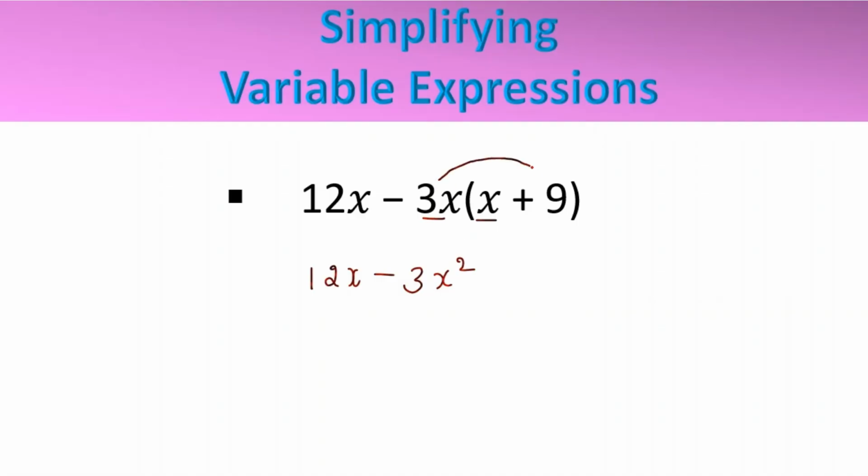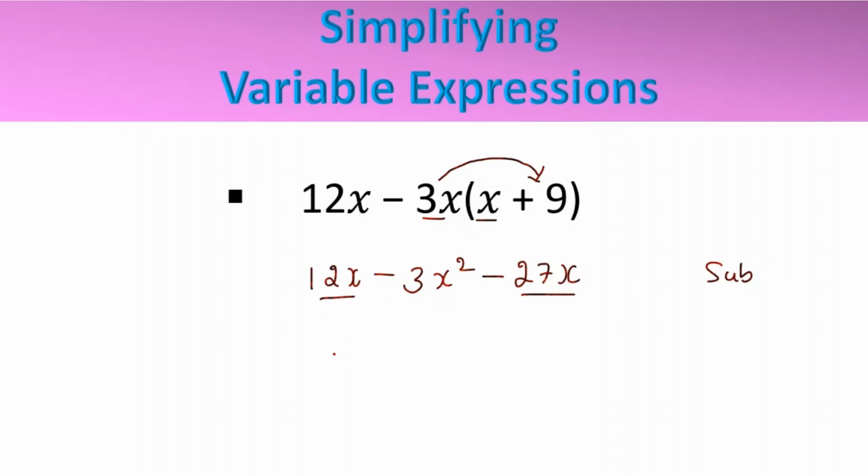Negative 3x multiplied with positive 9 gives negative 27x. Now we need to regroup the like terms. As I mentioned earlier, we need to regroup the like terms considering the same variable with the same exponent. Here we can see 12x and 27x are the like terms, and one comes with a positive sign and one with a negative sign. We need to subtract.